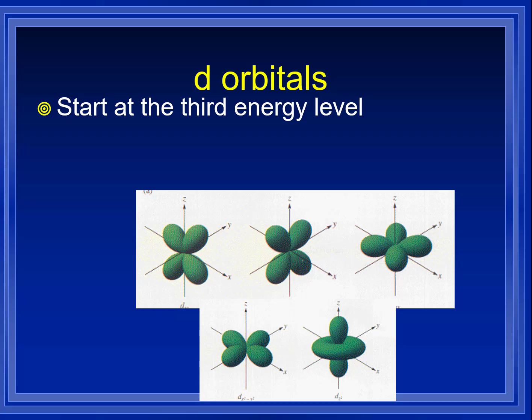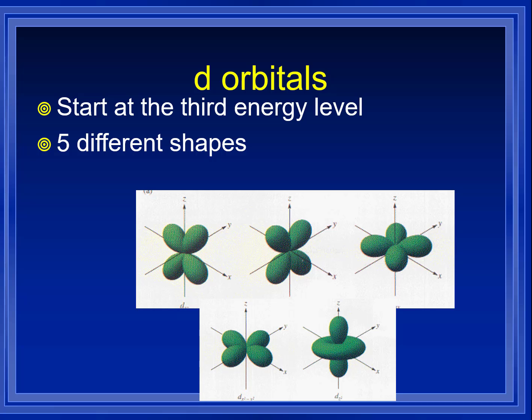S had 1 shape. P's had 3 shapes. 1, 3, 5 shapes. And there are the 5 shapes. 4 of them look like clovers that are just oriented differently, and the 5th one looks like a p orbital with a donut around it. Okay.